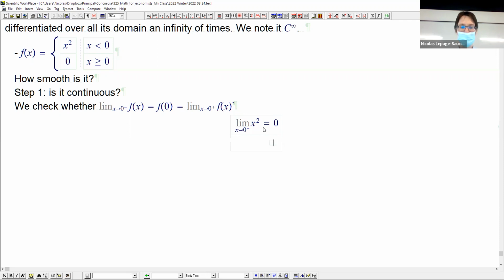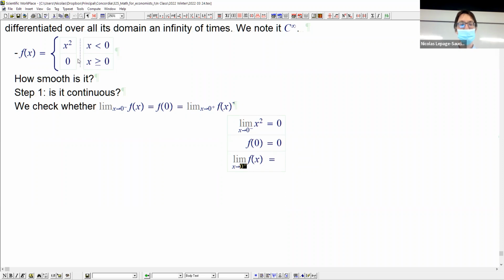Now f of 0 equals. Well, the question is, which do I take? I said that if x equals 0, then I take this section of the function, which is 0. So it's 0. Then let's take the right side: the limit when x comes from the larger numbers.